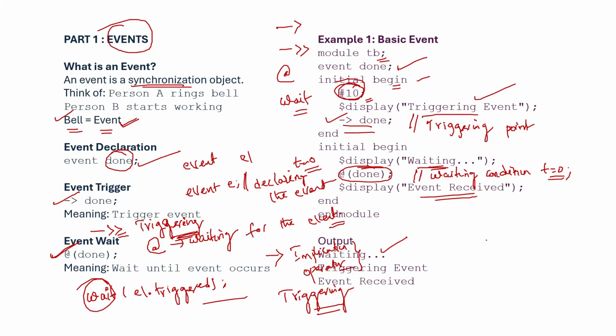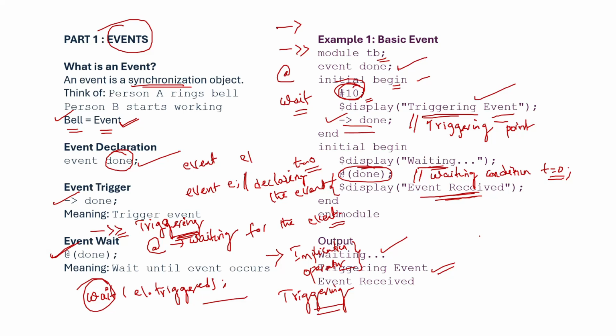But why am I getting the triggering event first? Because this process is waiting; someone needs to trigger it, otherwise that event never happens. The event is triggered, and I was waiting before that. Before that I am waiting here, then the event is received. This is the way you will get the output.